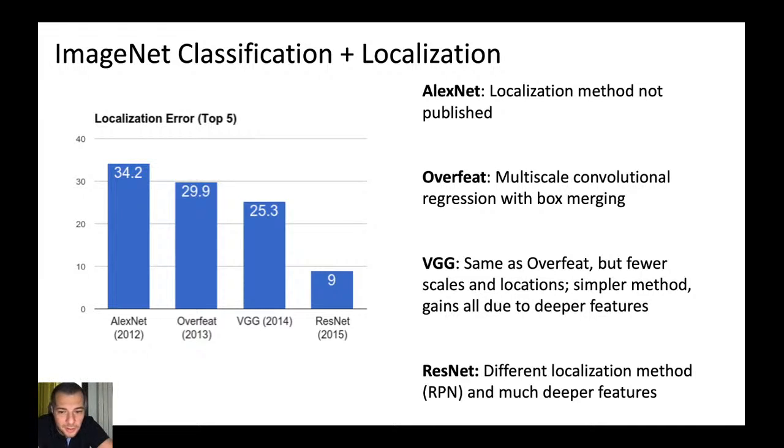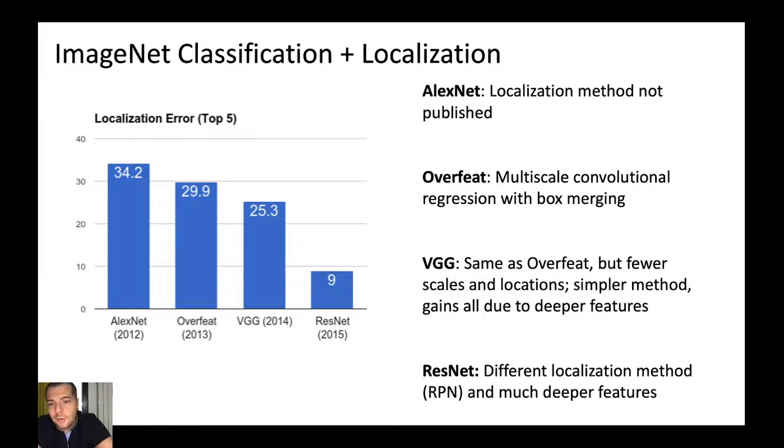Okay, so this is a recap of the results on the ImageNet localization challenge. So this is the top 5 error. In 2012, AlexNet had the top 5 error of 34%, and by 2015 it was reduced to lower than 10%.